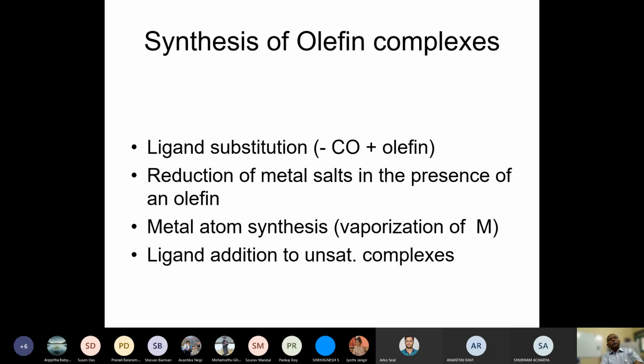People have looked at the electron density on the carbon very carefully using photoelectron spectroscopy, etc. And it is now a well settled, accepted phenomenon that this is the way the metal and the ligand interact. Now, let me take a look at some of the ways by which you can make these olefin complexes.